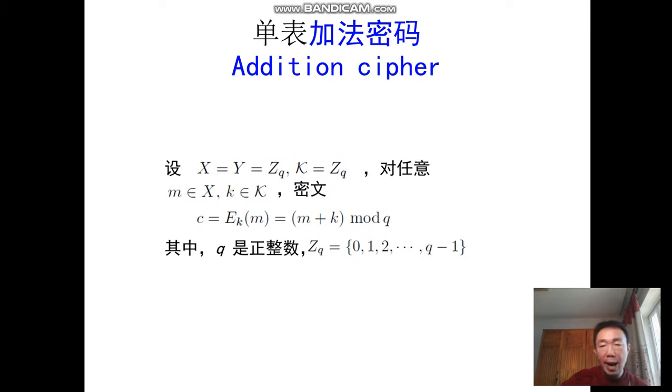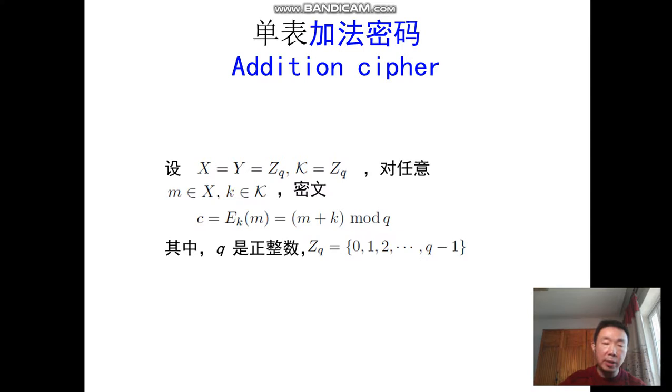Because when we add 10 and 20, we get 30. But 30 is not in the set. So we must do the same thing as before. We must divide 30 by 26, and we get the remainder 4. So everybody, please remember, when we add 2 elements in this finite set, we must add them together like normal integers.